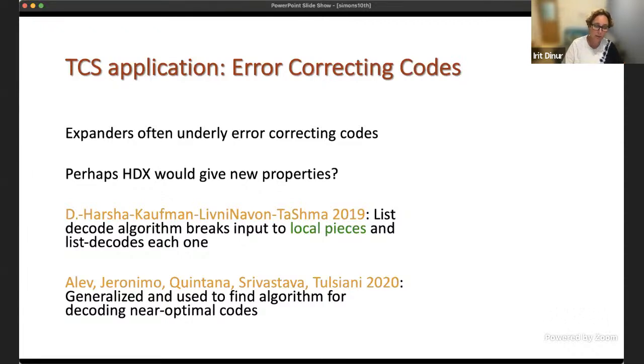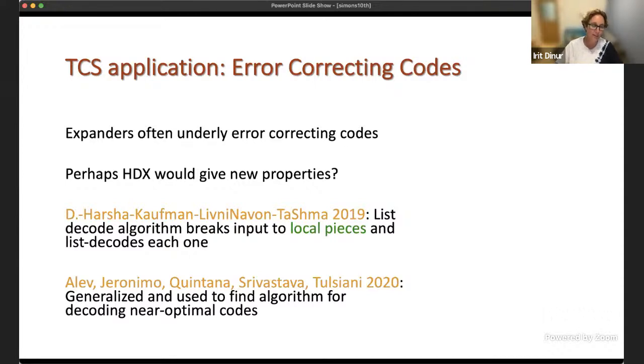But let me also mention that this work was very nice, but later it was improved and generalized to give algorithms for decoding much better codes, actually the almost optimal parameter codes of Ta-Shma, and also for solving CSPs on high-dimensional expanders. So there was a lot of interesting follow-up work here.